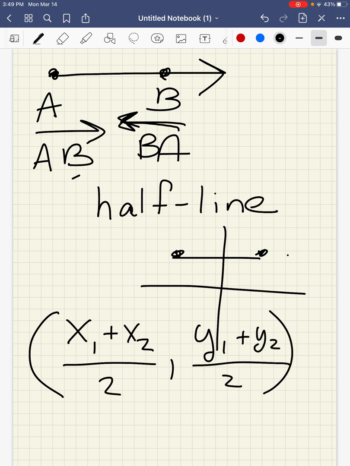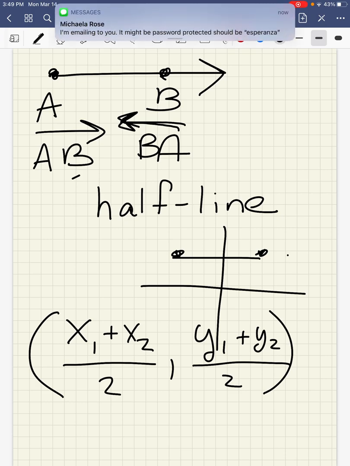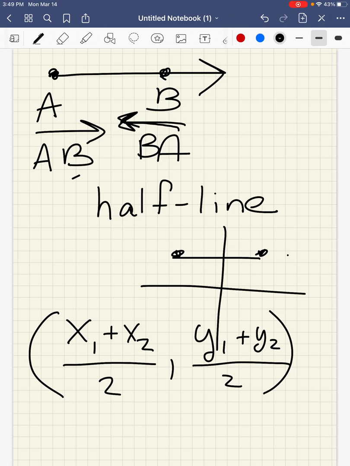So to find the midpoint, you add the X's, divide by 2, and you add the Y's and divide by 2. And that'll find the point that's halfway between any 2 points on the XY coordinate system.